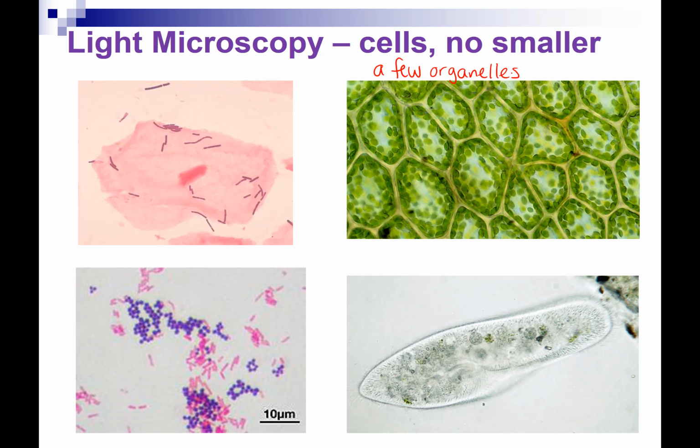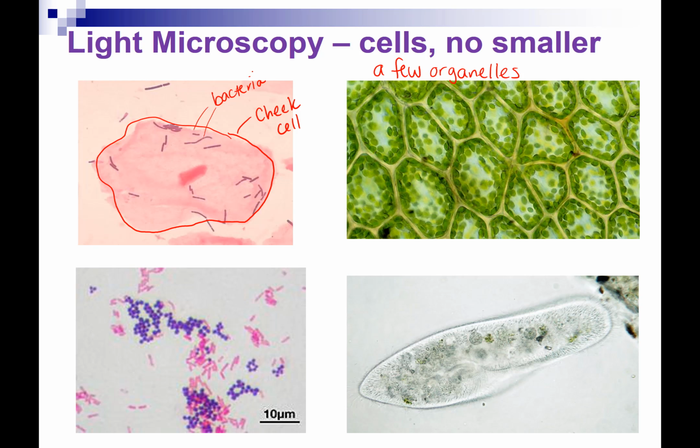So for instance, this that I'm going to outline in red, this is a cheek cell. And these little purple squigglies are bacteria. And I hope you get to do this in lab. I think it's totally cool when you scrape some of your own cheek cells, get a little of that bacteria off your teeth, look at it under the microscope.